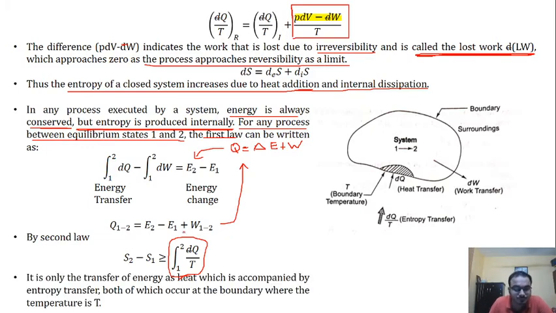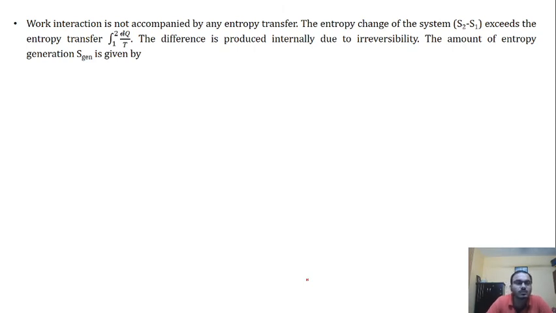So here it is only transfer of energy as a heat which is accompanied by entropy transfer, both of which occur at the boundary where temperature is T. Okay, so whenever there is a transfer of energy as a heat, there is always an entropy transfer, and both of which are occurring at the boundary where surface temperature is T. Now the work interaction is not accompanied by entropy transfer.